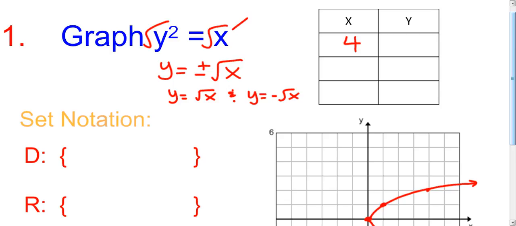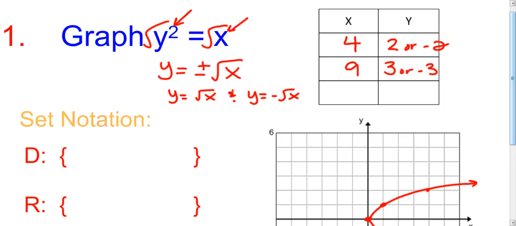So if I pick 4 for x, then I need to think about what number squared makes 4. And this could either be 2 or it could be negative 2. Okay, 2 squared makes 4, negative 2 squared makes 4. If I pick 9 for my x value, then I need to think about what numbers squared make 9. And it could be 3 or it could be negative 3.